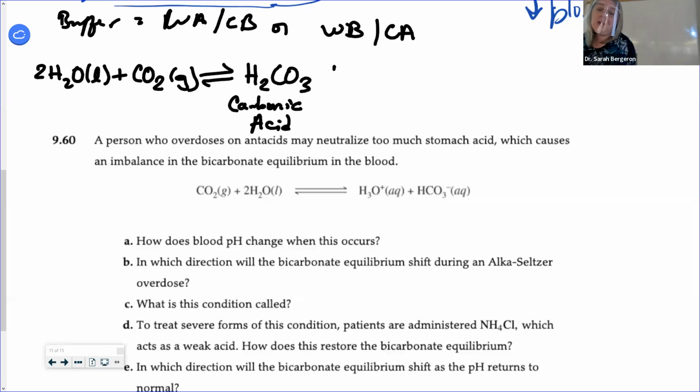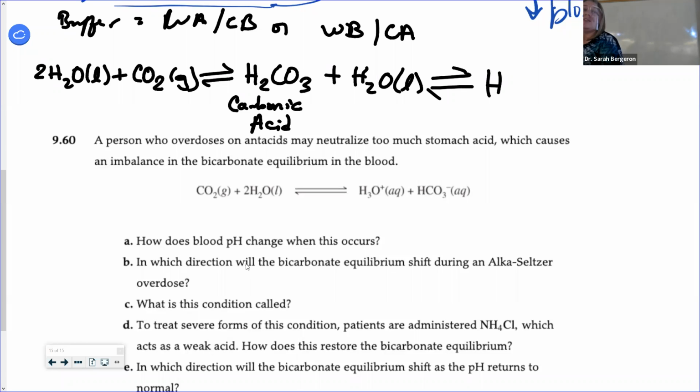You also have water, because you're in the bloodstream. Now, what happens to that carbonic acid? It's going to turn into an acid and a conjugate base. What's your conjugate base for carbonic acid? If I go from an acid, I'm going to donate a hydrogen, so I'm going to have one less hydrogen.